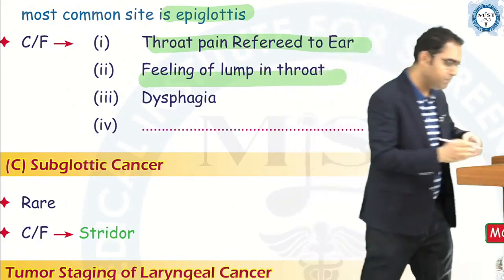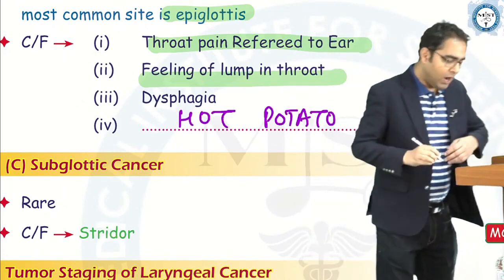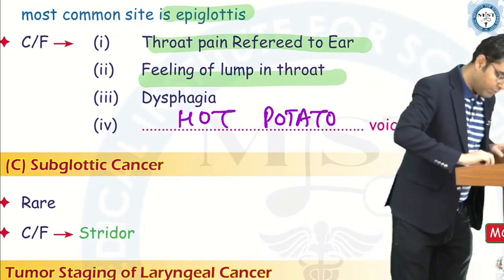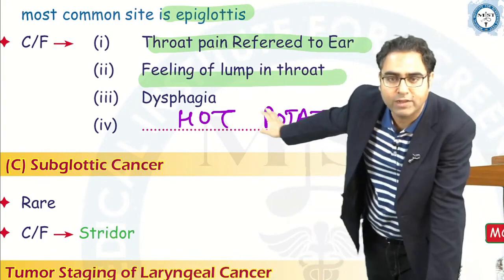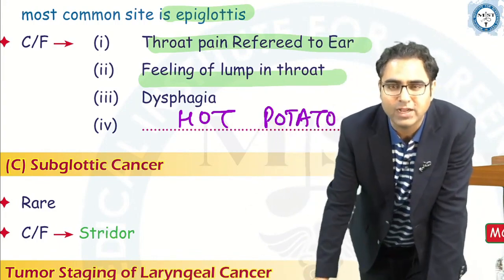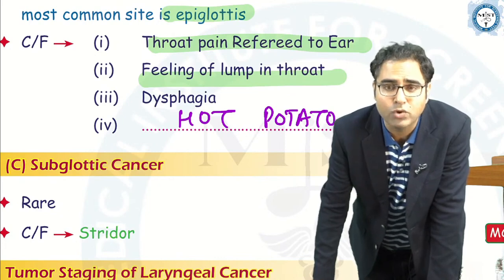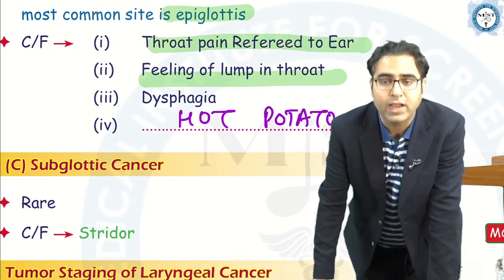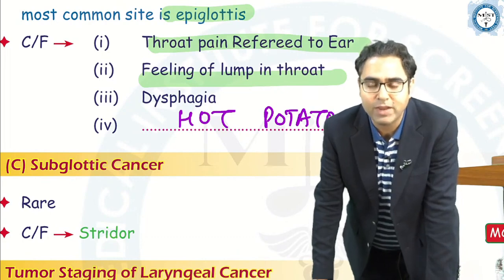And number four, my favorite, hot potato voice. Hot potato voice, beta. When you hear this word and your brain is saying that this word came earlier also somewhere, but you are not able to recall where, it means your brain is a perfectly normal brain.